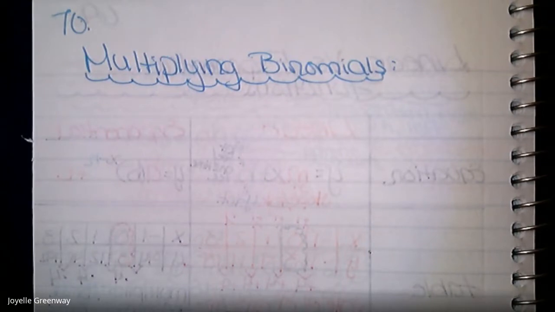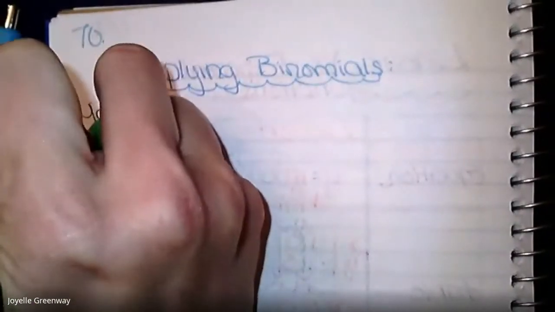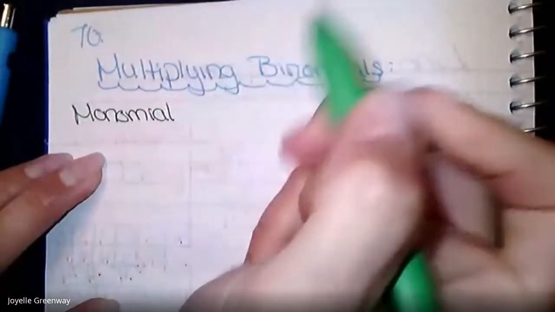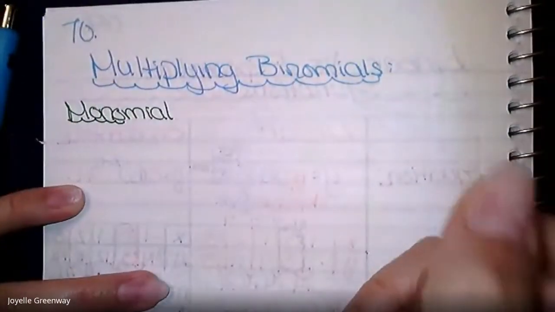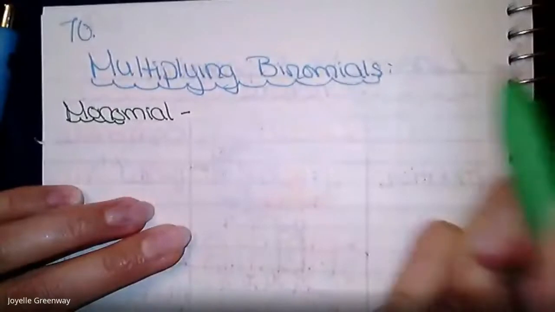All right, so before we can actually get into multiplying binomials, we need to talk about what a binomial is. And I'm not sure if you've heard of the term monomial, but we'll talk about what a monomial is. So a monomial, if you hear mono, has a lot of different roots, but this means this has one term.